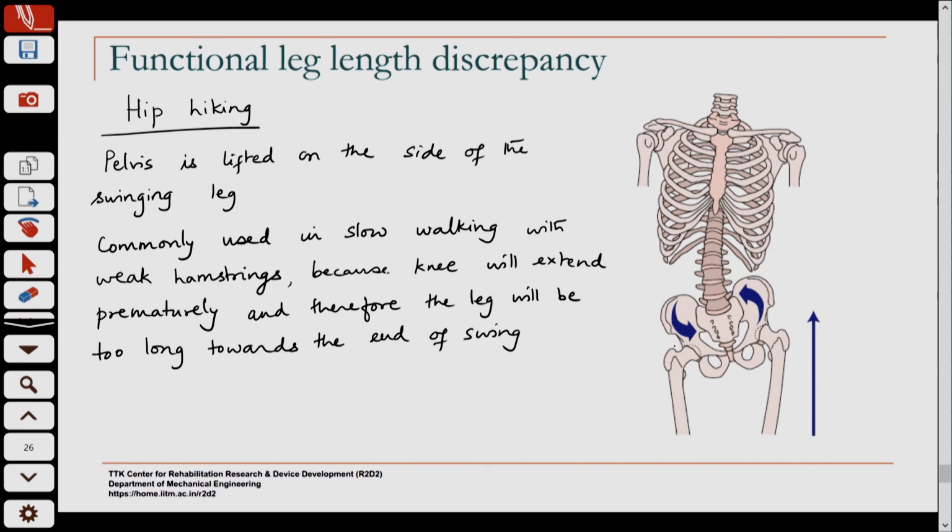Hip hiking is not very effective if the person has a plantar flexed ankle, but otherwise their hip and knee are okay. So, like the drop foot case, hip hiking is usually not the strategy that they would use. Hip hiking is used more in the case where the problem is at the knee, okay, because of the weak hamstrings.